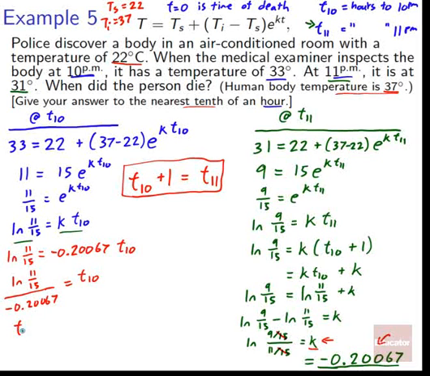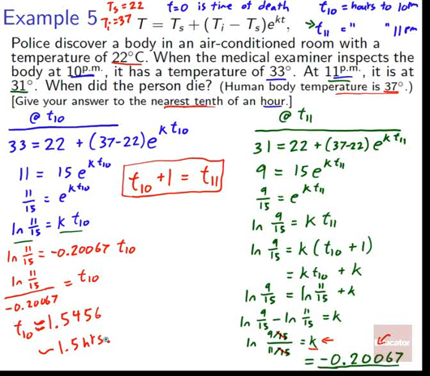So T10 comes out to be approximately 1.5456. However, they asked for the nearest tenth of an hour, so that winds up being about 1.5 hours.